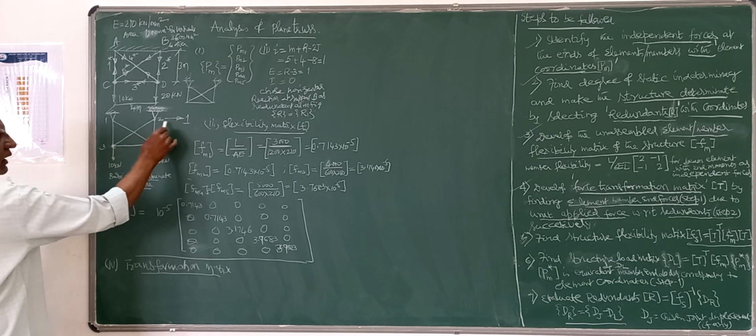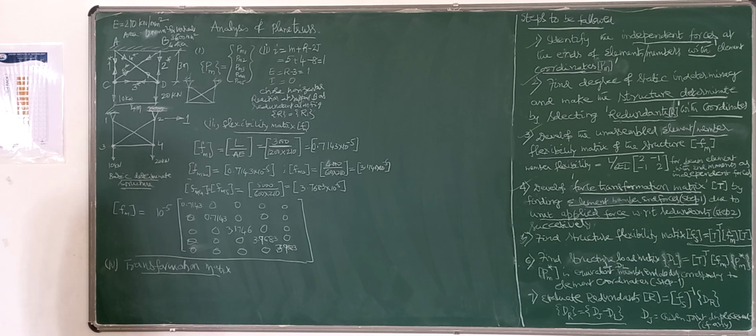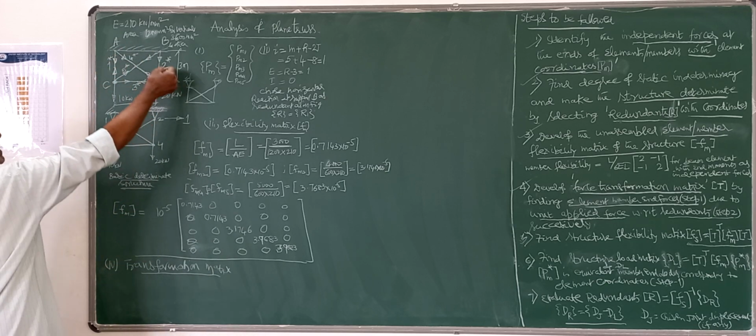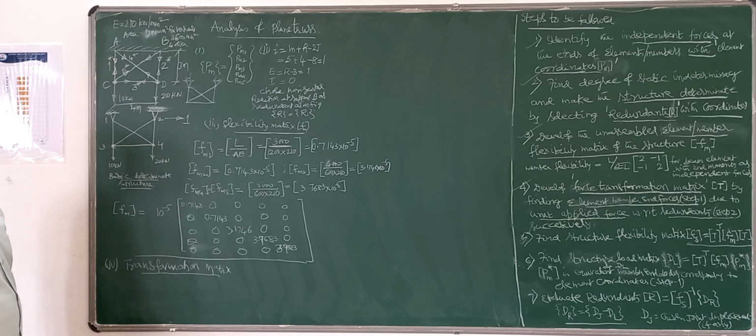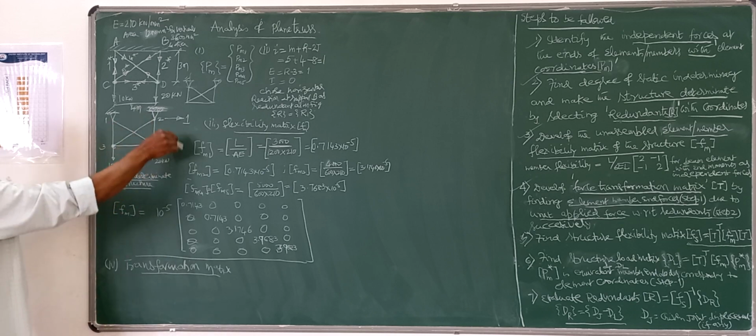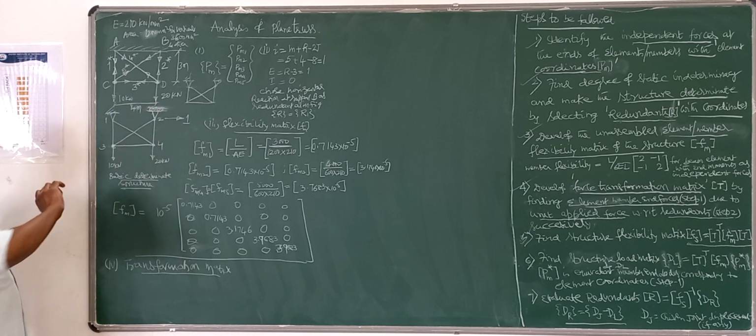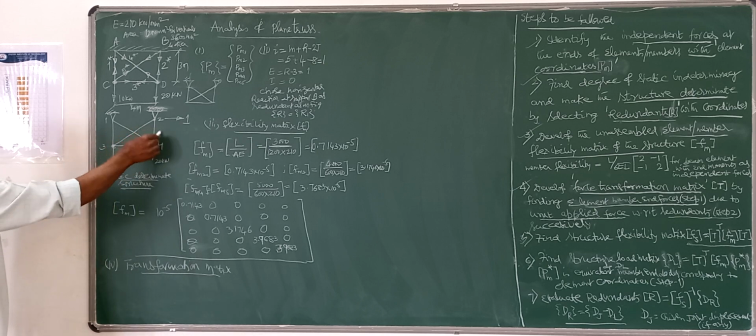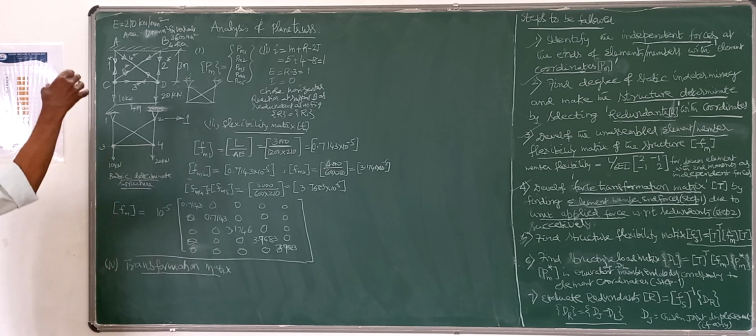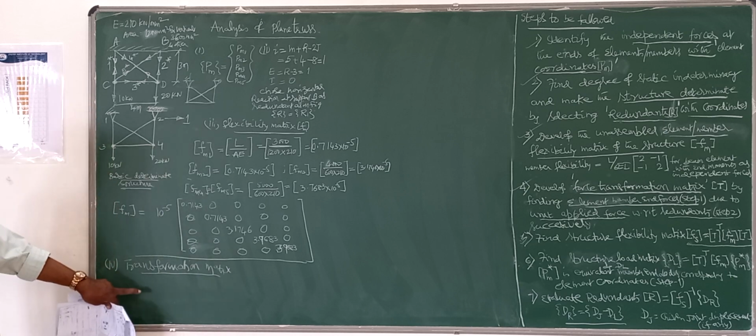Along this direction I have to apply a unit force and find the forces in all the members. Because this is a determinate truss, you have to apply method of joints and find out the forces in all the members, and that will be the transformation matrix.